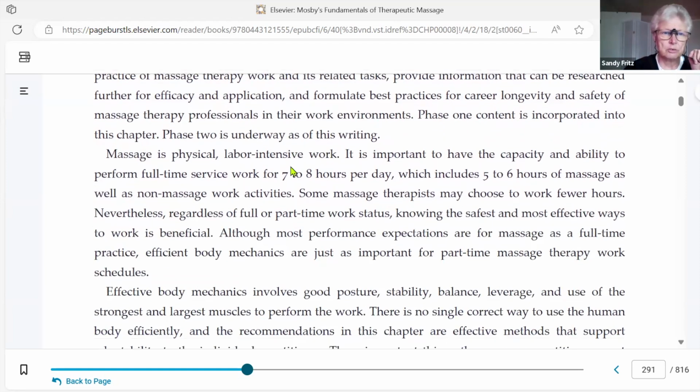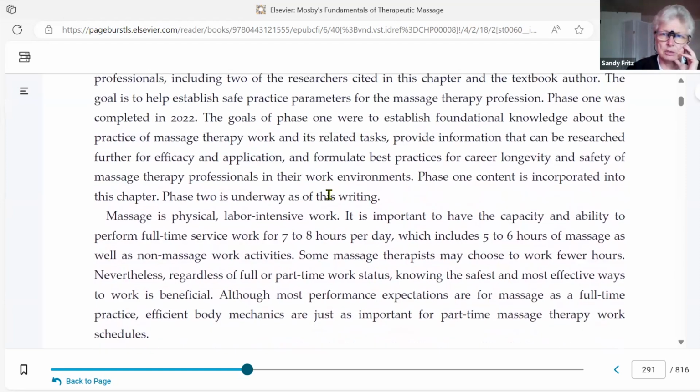And then as we go through here, here's that development that I just mentioned with the Massage Therapy Foundation and research. There is a lot of confusion about what they call a duty schedule, or what is a typical work schedule for massage therapy. It is a physical application, but it's no more physical than any other physical job.